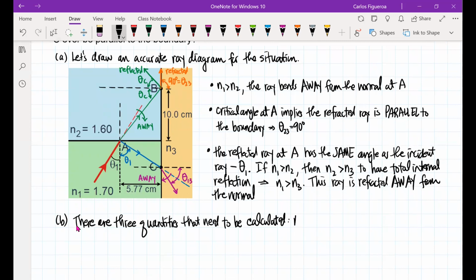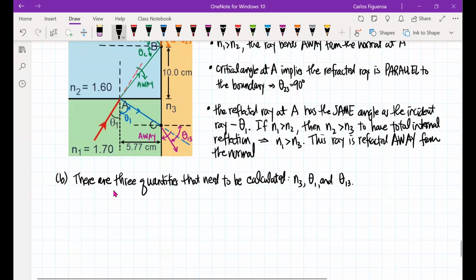That is N3, θ1, and θ1,3. Let's go do that. Okay, so the first thing I'm going to do is start off with index N3.